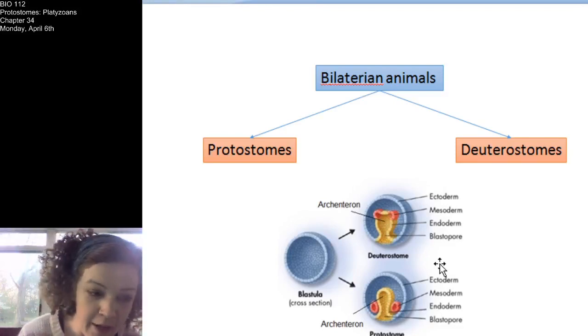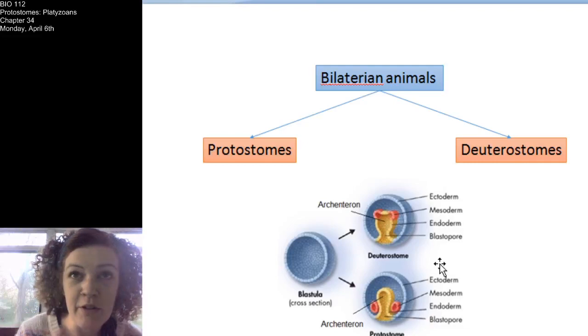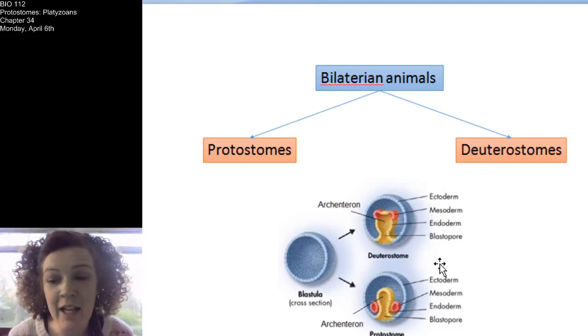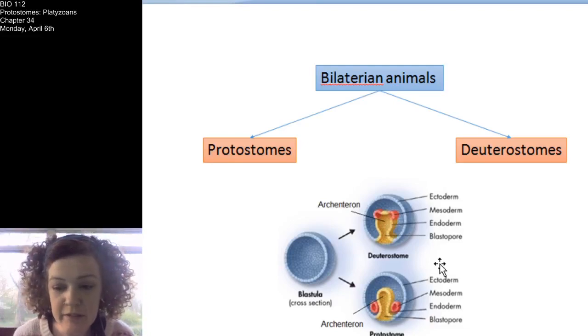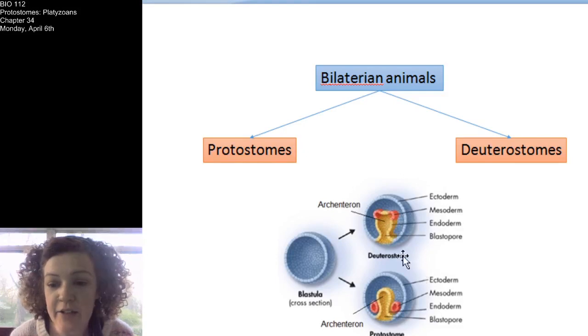And the fourth big way that protostomes and deuterostomes differ is how the coelom in the animal is formed. So in the deuterostomes, you have the pouching off of cells here that will eventually become the coelom. So they're growing out and then they'll pouch off. And remember, this is mesoderm tissue. It's one of those three germ layers.